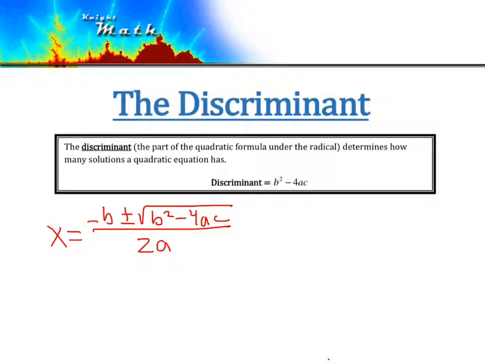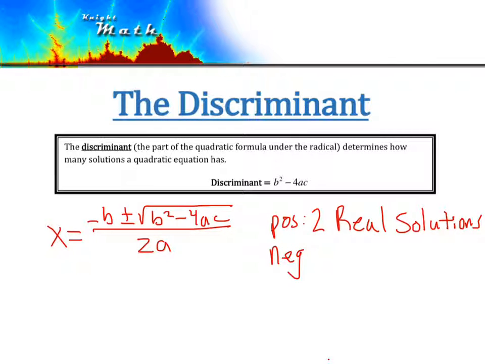That's a lot of stuff going on there. So we'd like to know something about this, and that's called the discriminant. When the discriminant is positive, we end up with two real solutions. When it is negative, if we get a negative number from b squared minus 4ac when we plug in these numbers, then we'll have zero real solutions.